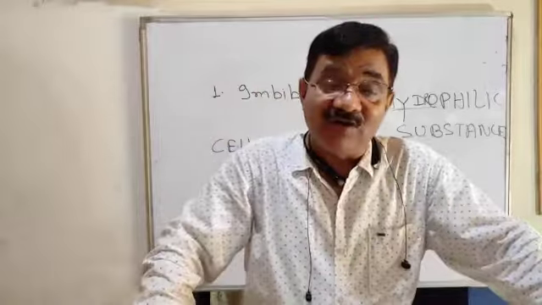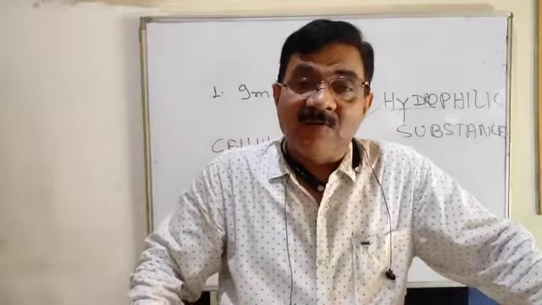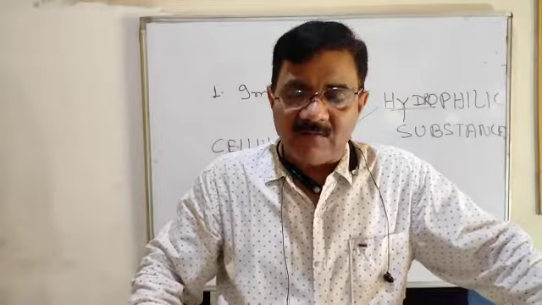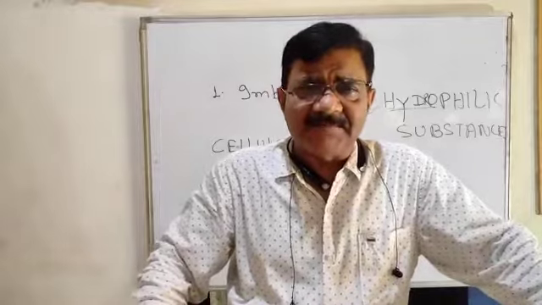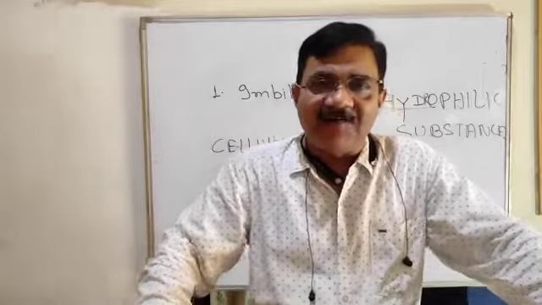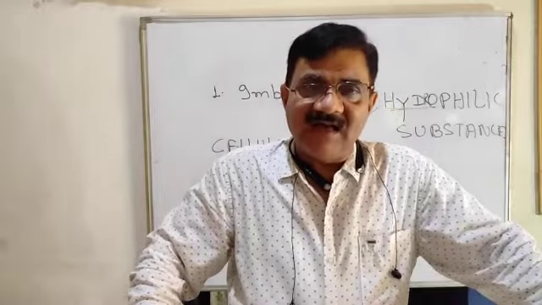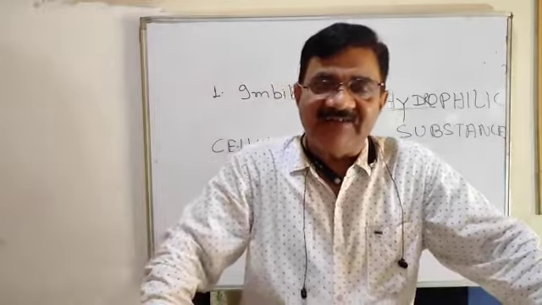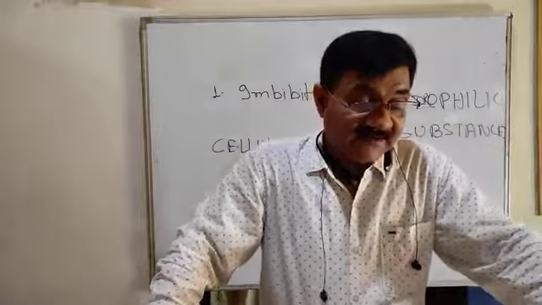This may be asked in your examination as a give-reason question: during the monsoon season the wooden door swells up, and the reason is that it is made up of hydrophilic substances, cellulose or proteins, which have great affinity towards water, so they absorb water.